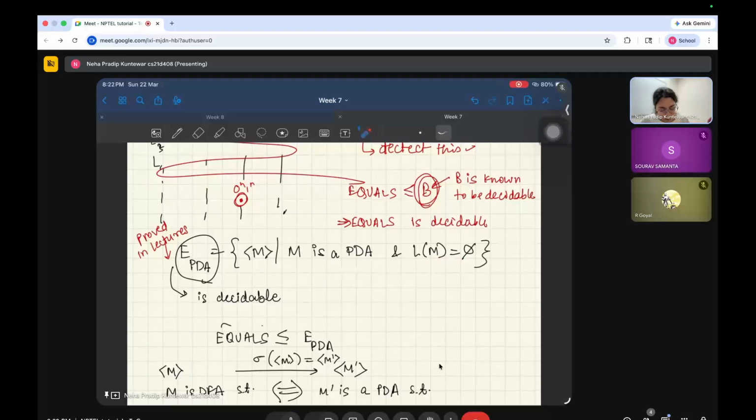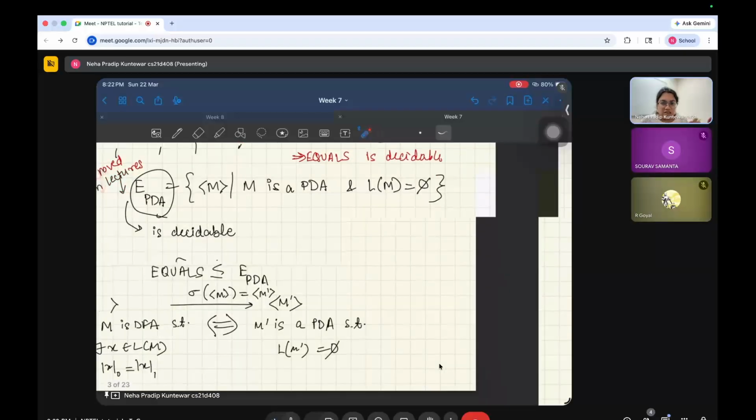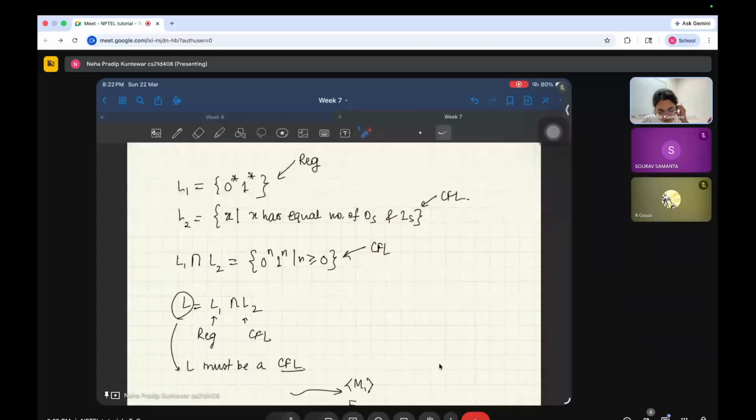So we reduce the equals problem to this problem, because this is something we know is decidable. Therefore equals is also decidable. Our job now is only to show the reduction. Everything else follows.